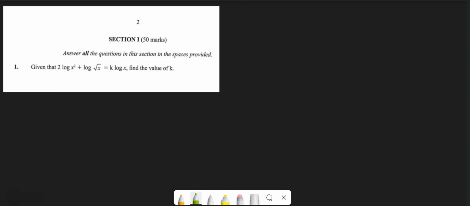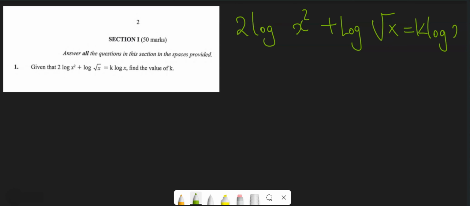So here we are. Given that 2 log x squared plus log root x should be equal to k log x. Here they are trying to bring in 2 unknowns, but it's still simple, and I'll show you how.